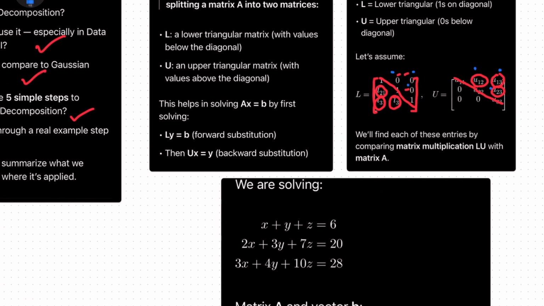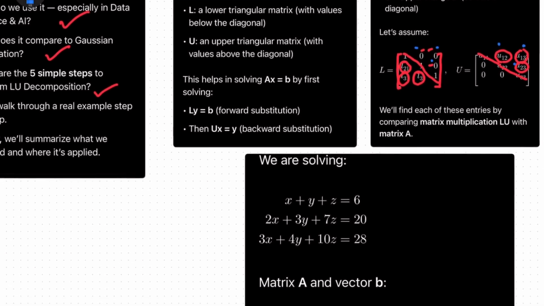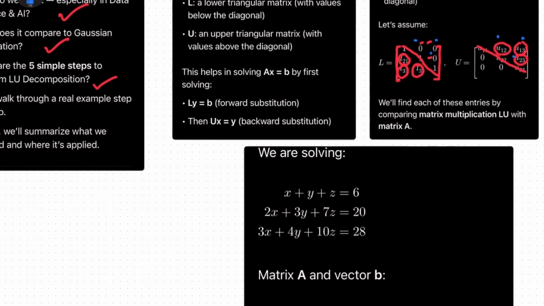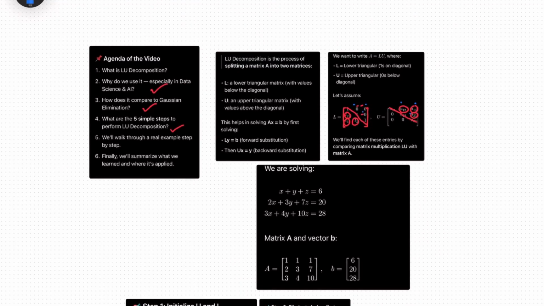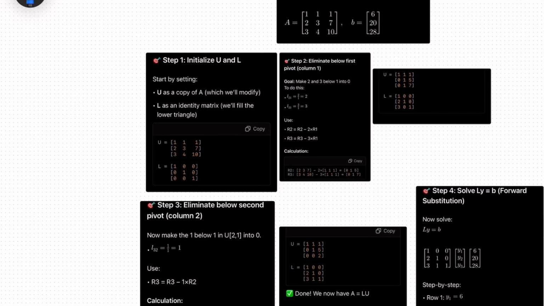How it actually looks is what is given in this image. This is the diagonal, and you have here L21, L31 and L32, and all the values above the diagonal are 0.